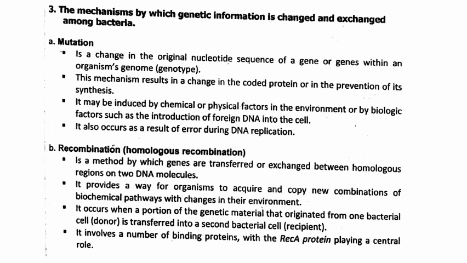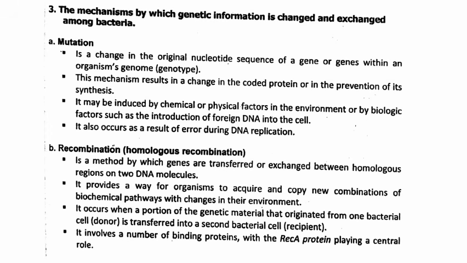Now, it may be induced by chemical or physical factors in the environment or by biological factors such as the introduction of foreign DNA into the cell. Okay? So typically, bacteria undergo spontaneous mutations every now and then, occurring at a rate of 1 in 10^9 cells.